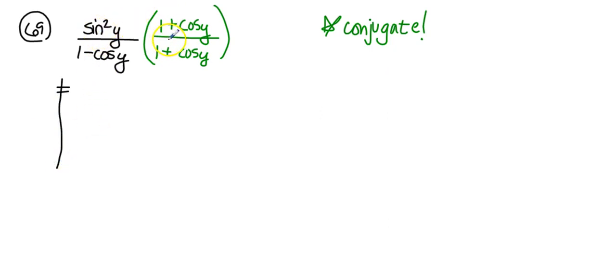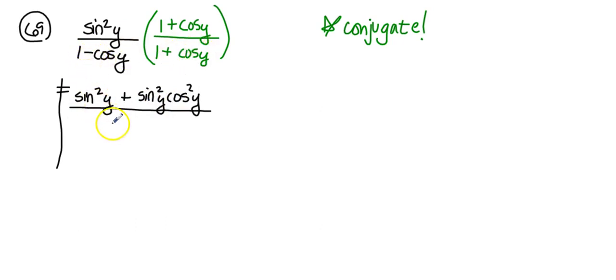Distributing sine squared y, this becomes sine squared y times 1 is sine squared. Sine squared times cosine squared. All divided by, notice, exact same terms, opposite signs.